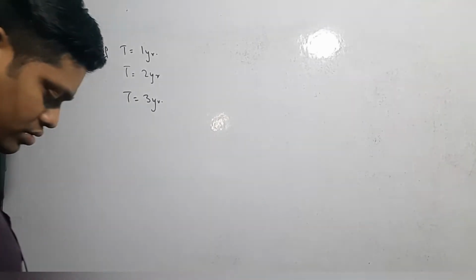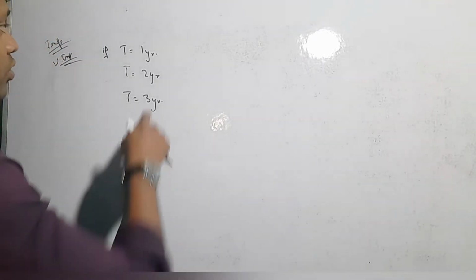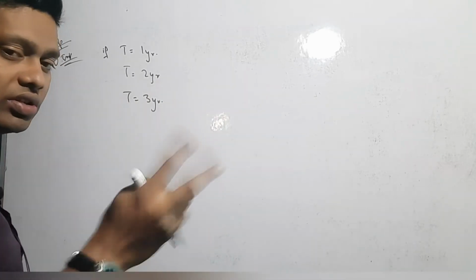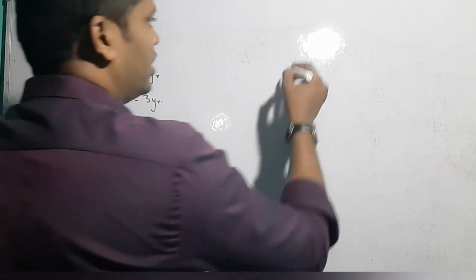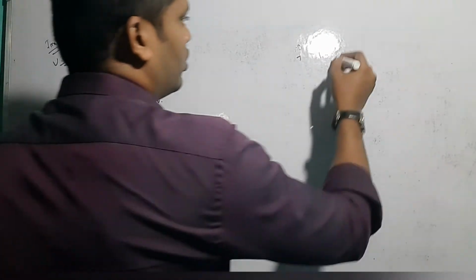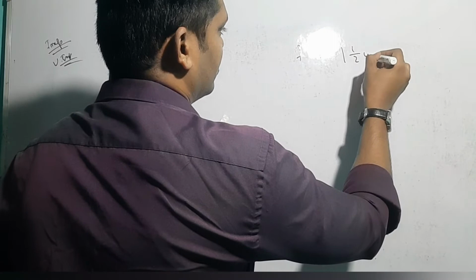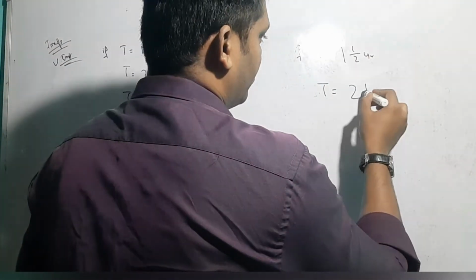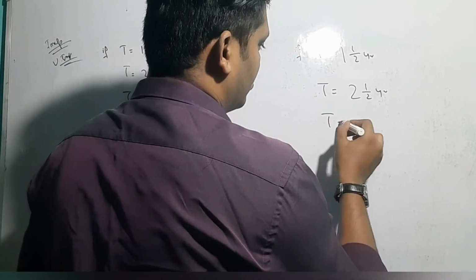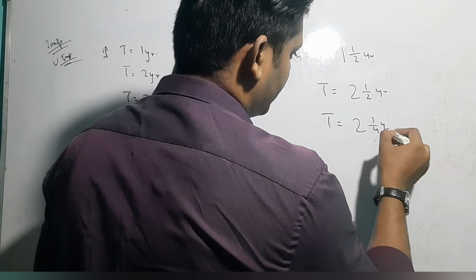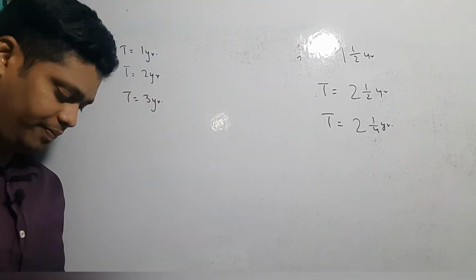Next, if time is 1 year, what is the conversion period? 2 years, what is the conversion period? 3 years. Okay, next, in case time is equal to 1/2 year, 1/2 year, 1/4 year.